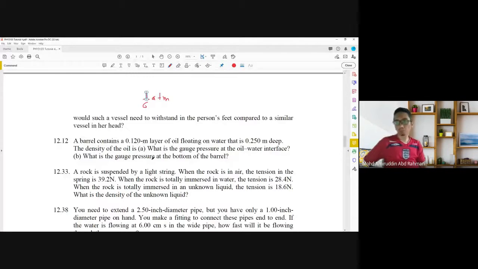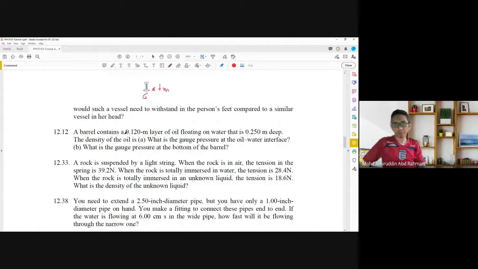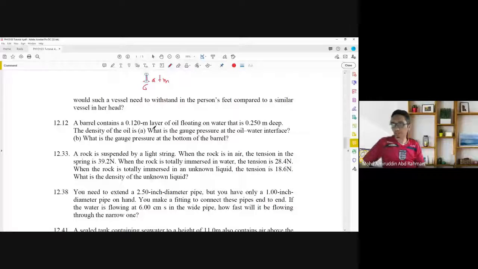Okay, so for 12.12, the answer for this one is this. What is the gauge pressure at the oil water interface?